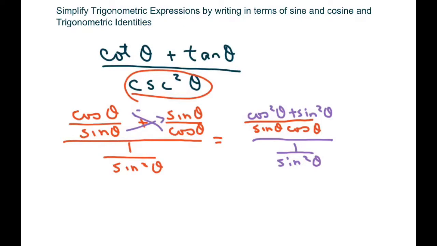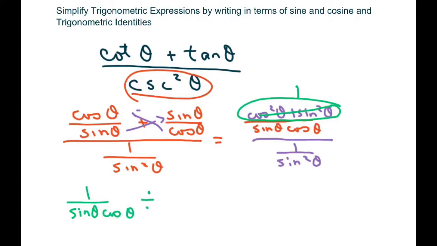Now on these, this equals 1 from our Pythagorean identity, so I'm just going to make that a 1. And I'm going to rewrite this as 1 over sine theta cosine theta divided by 1 over sine squared theta.